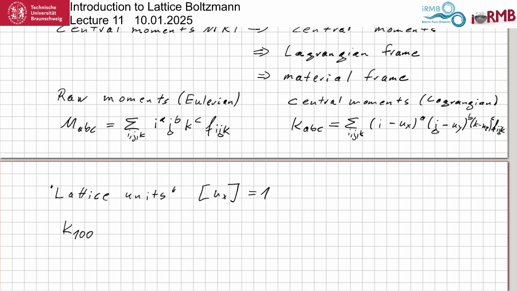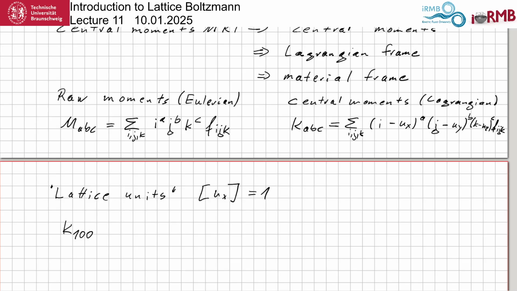Is it 0? No, it's the velocity of the fluid. No, you have to determine it from the flow, from f. These velocities are determined from the flow. They are not external parameters.